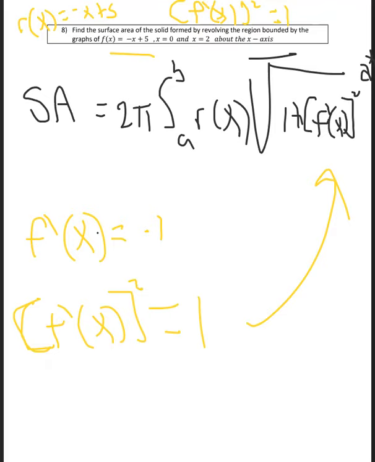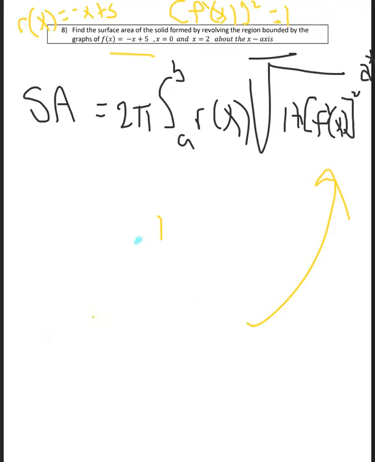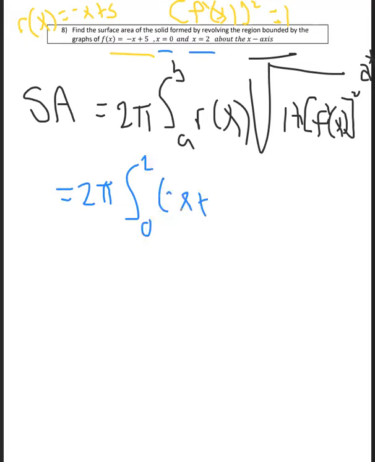Let me erase all this stuff on the bottom, and let's write the integral. You write 2 pi from a to b. It's from x equal to 0 to x equal to 2, so from 0 to 2. R of x is just -x plus 5. Let me erase this, that looks weirdly bad. And then the next thing is you just plug in the f prime of x squared, so 1 plus 1 dx.